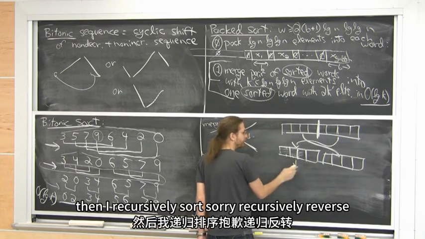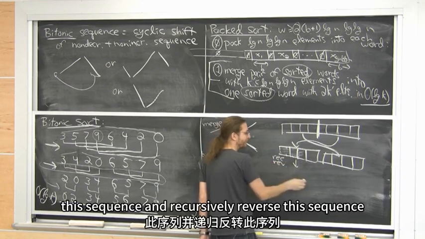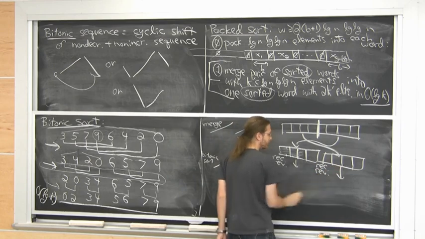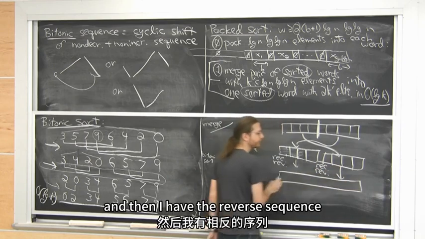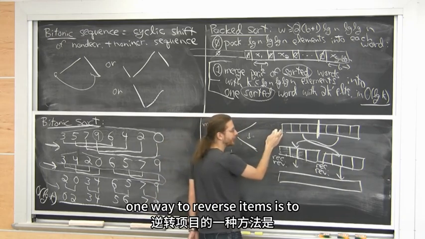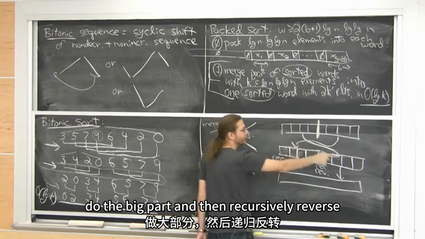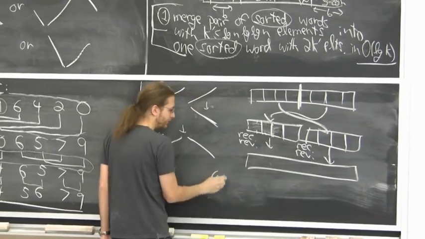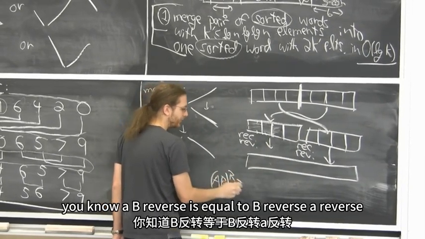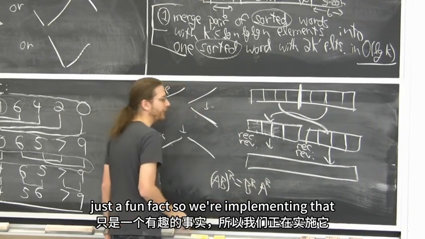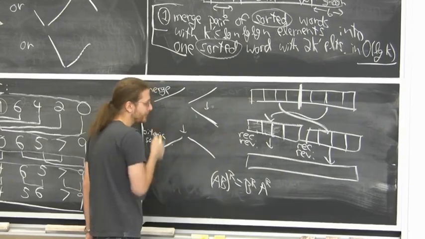Then I recursively reverse this sequence and recursively reverse this sequence. And then I have the reverse sequence. Right? This is a standard way to reverse items: do the big part and then recursively reverse. Then I will get, AB reverse is equal to B reverse A reverse. Just a fun fact. So we're implementing that.